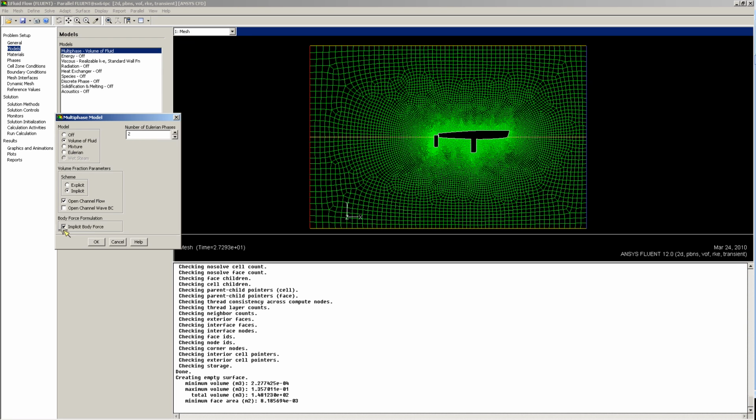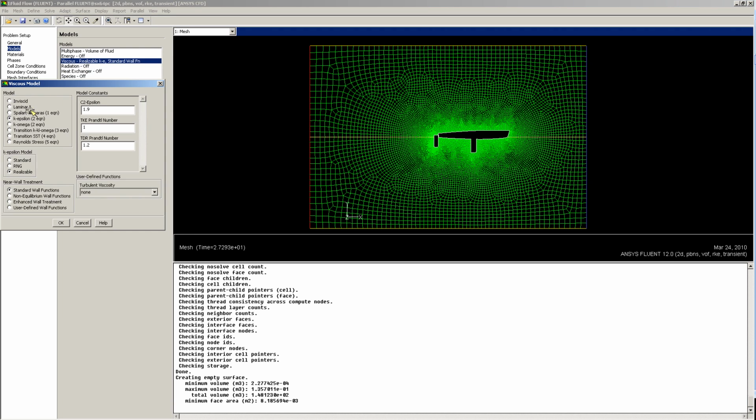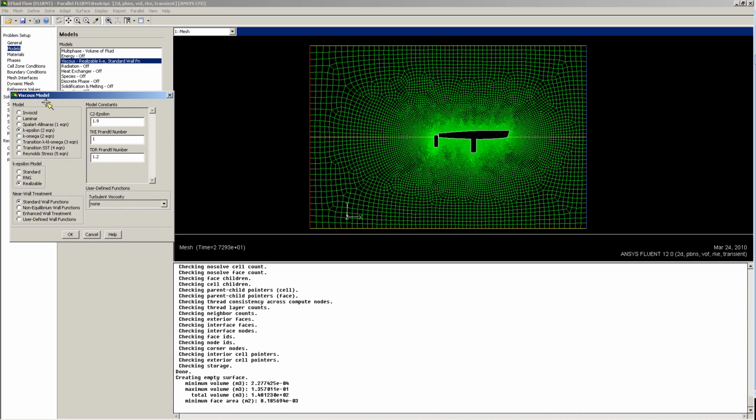And we turned implicit body force on, which we'd done in the tutorial for the dam break simulation. We changed the viscous model from laminar to K epsilon because we were expecting some turbulent effects to be happening behind the boat, so we didn't think that it was a laminar situation.